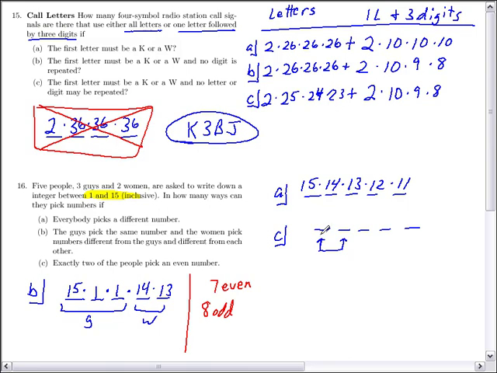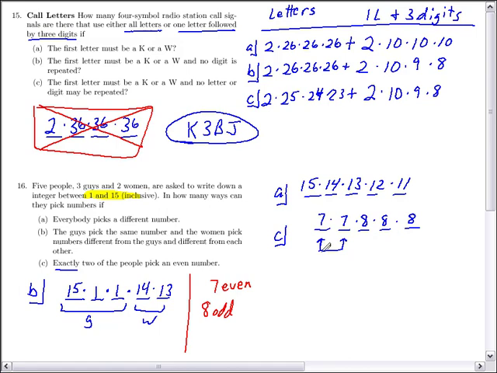So if we're going to make the first 2 people here pick even, there's 7 choices there and 7 choices there, and the other 3 people have to pick odds because it says exactly 2, so the last 3 people have 8 choices. Now in this example, I've made the first 2 pick even.